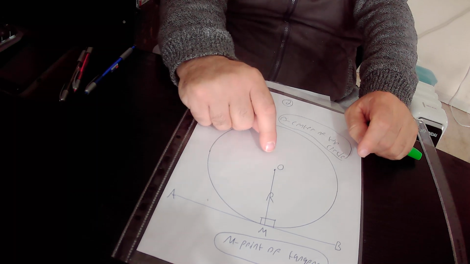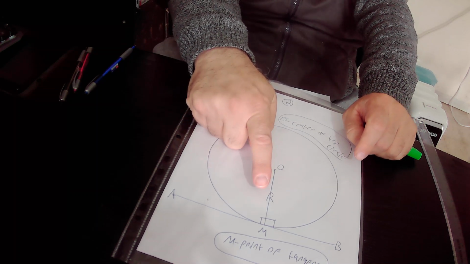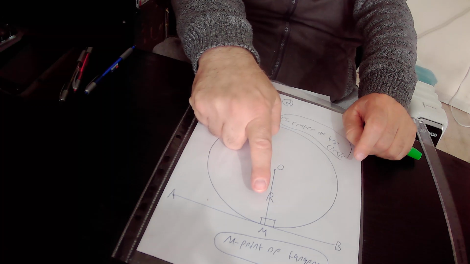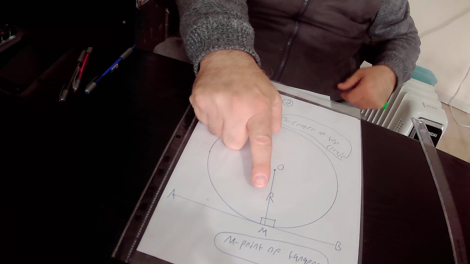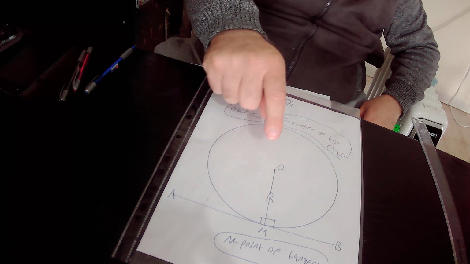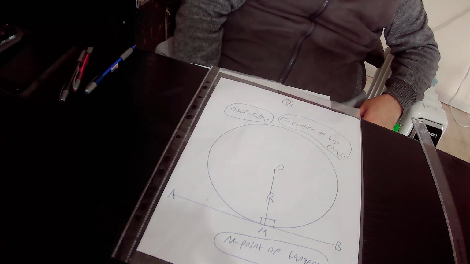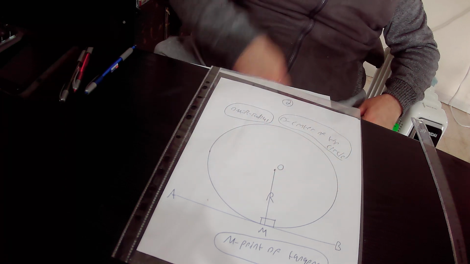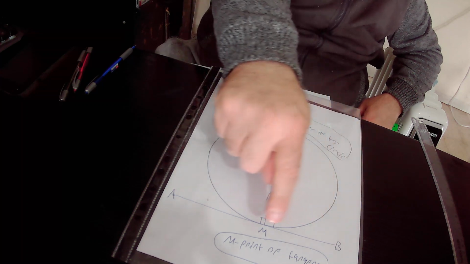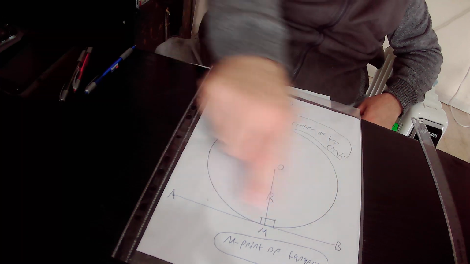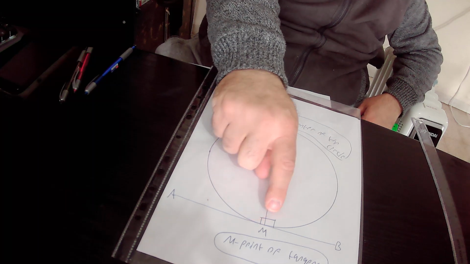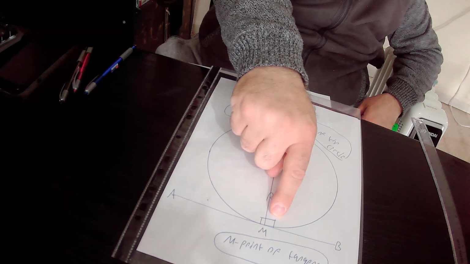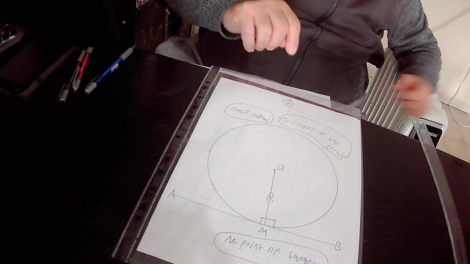And we have the radius OM drawn to point M. Whenever we have a radius that is drawn to the point of tangency, then tangent AB will be perpendicular to the radius MO. If AB is perpendicular to MO, it means that this angle equals 90 degrees, and this angle also equals 90 degrees, according to rule number 1.